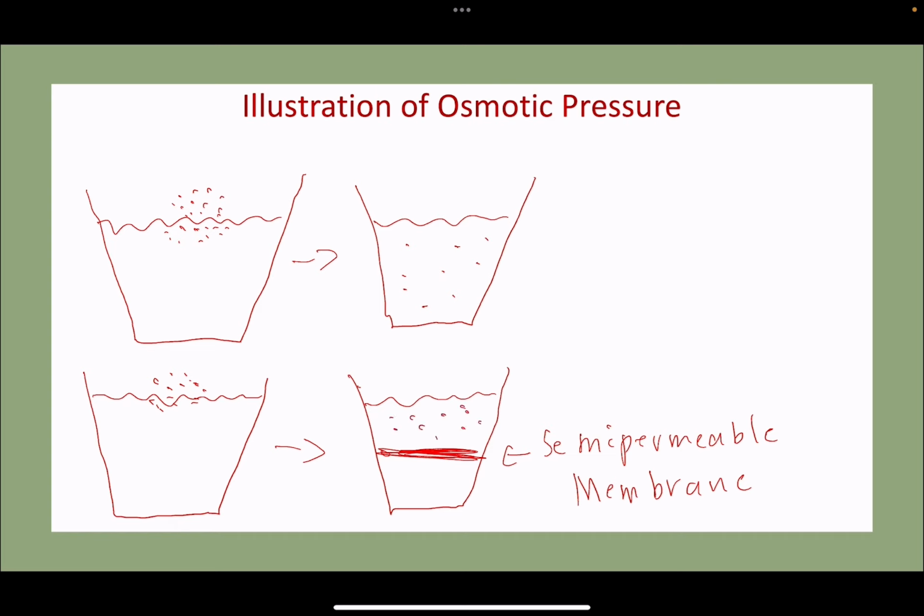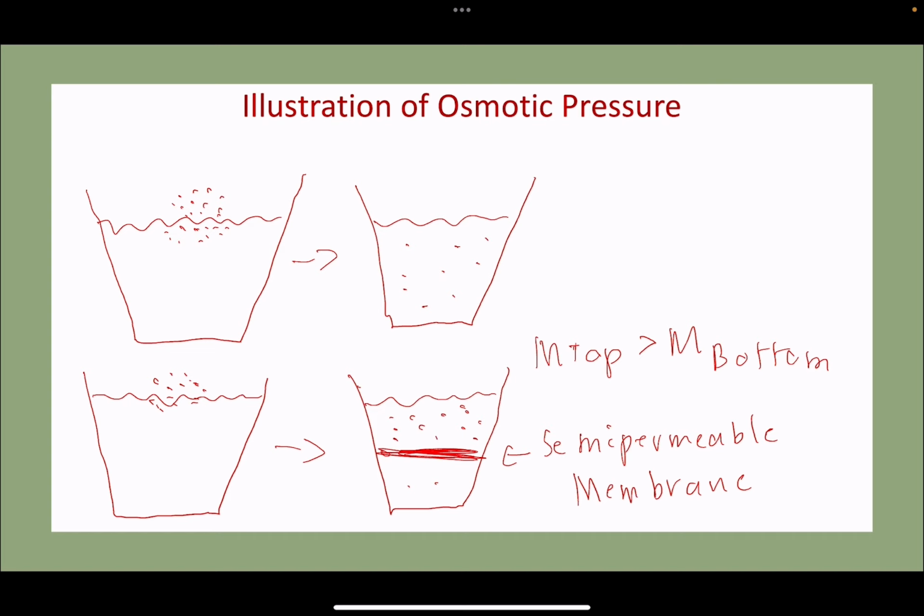This means that the concentration of sugar in the top region is higher than the concentration of sugar in the bottom region.